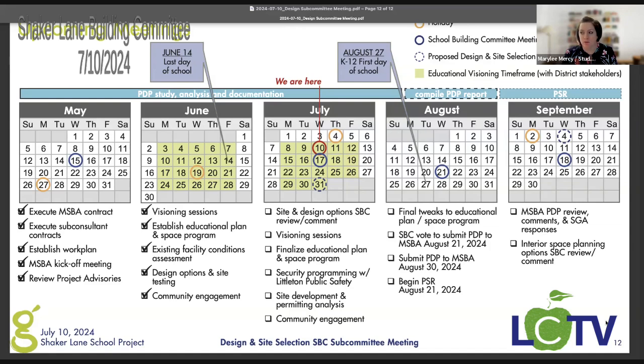Whereas if we can show them the potential locations or the potential plans, then we can really start to get some different conversations with people and keep everybody informed and engaged. So it's towards the end of August we're talking about? Or even into September. Into September. Okay.